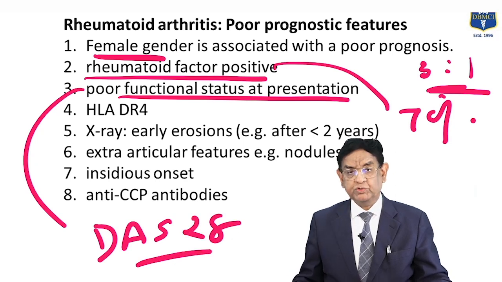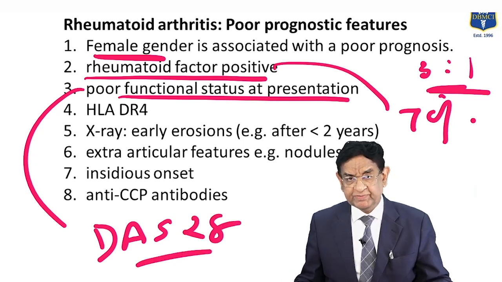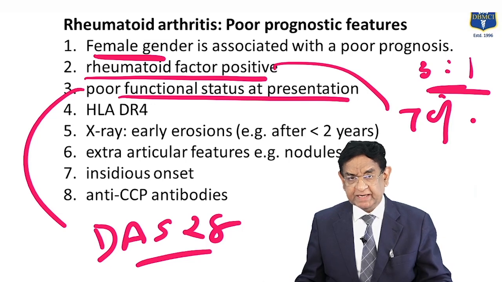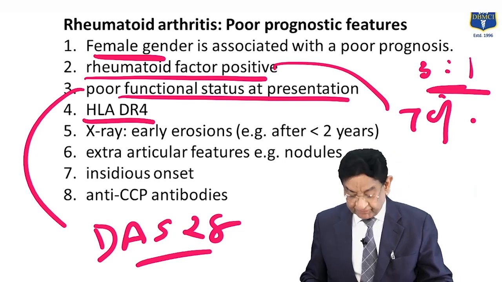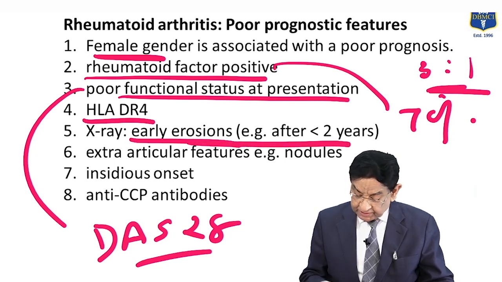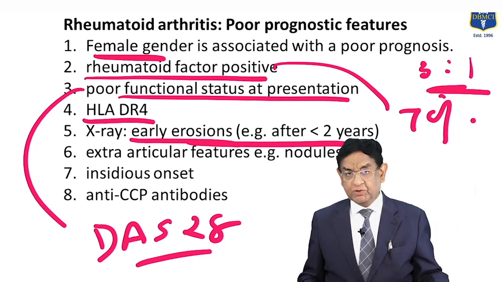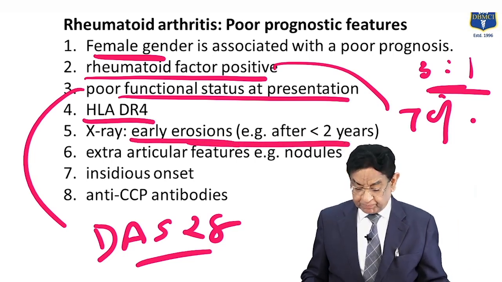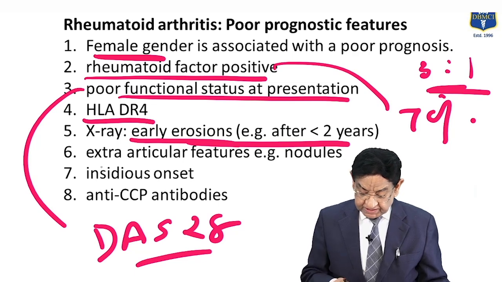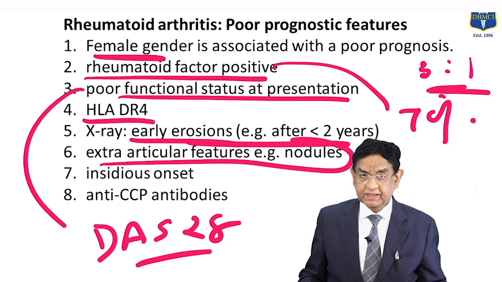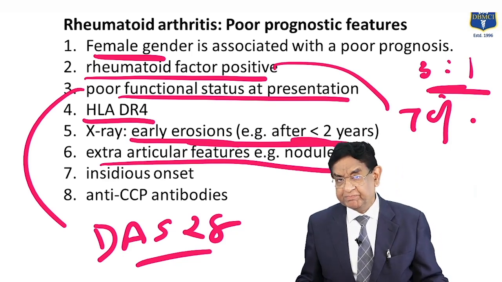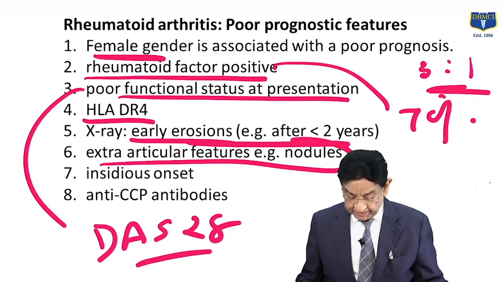They take 28 joints, where we see how much pain there is. If it is already very poor, that is a poor prognostic factor. HLA-DR4 is a poor prognostic factor. Early erosions within 2 years, if the erosions are starting, indicate poor progression. Extra-articular features like nodules, maybe skin nodules, maybe lung nodules, are again poor prognostic factors.